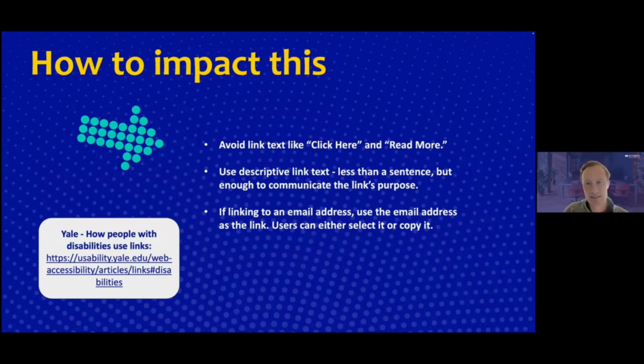The link itself should be concise, but enough to communicate what it is. And if you're linking to an email address, go ahead and just use the email address as the link. So that way users can open it from the page or they can copy it to use it elsewhere if they like.